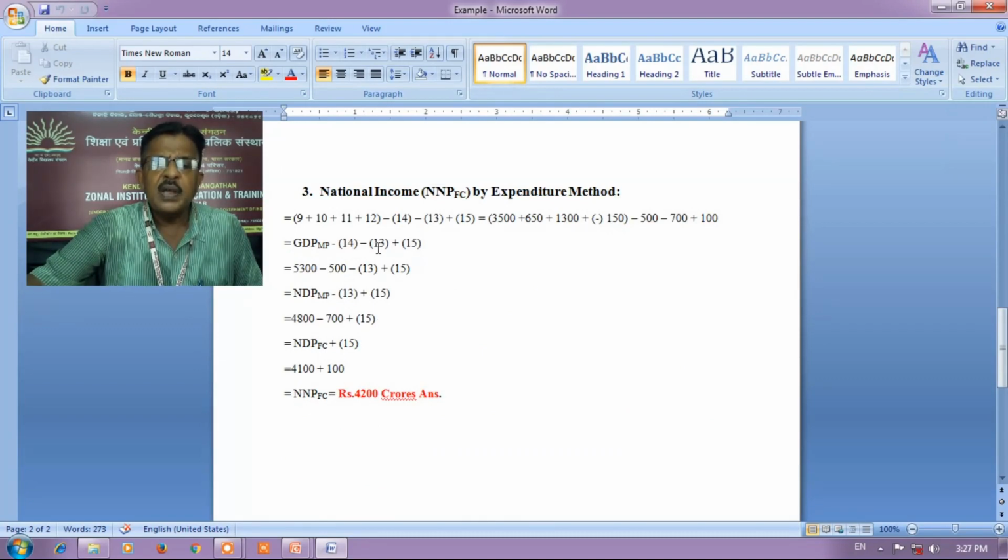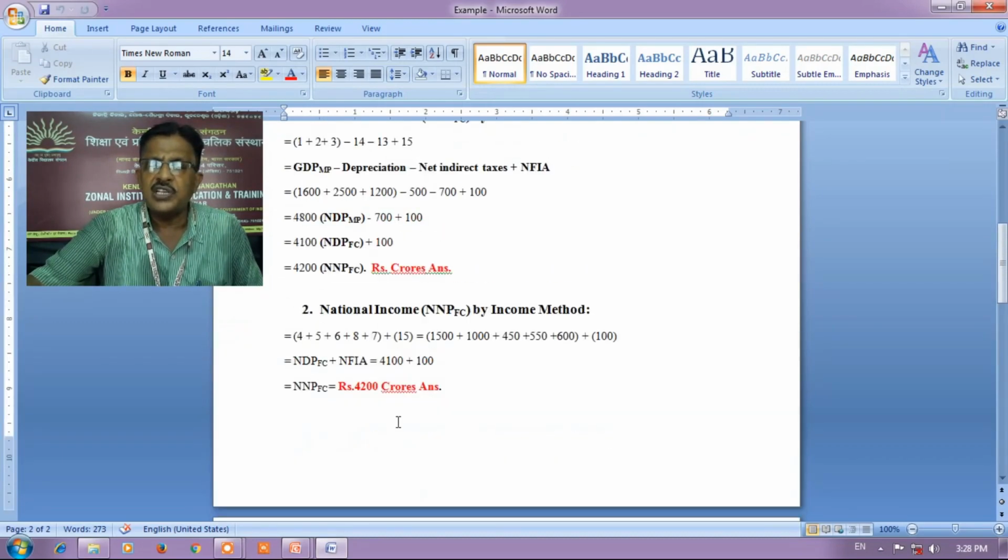So GDP MP minus depreciation gives NDP MP, and NDP MP minus NIT gives NDP FC. To NDP FC, if you add NFIA, that is item number 15, you get NNP at factor cost. So the result is 4200.